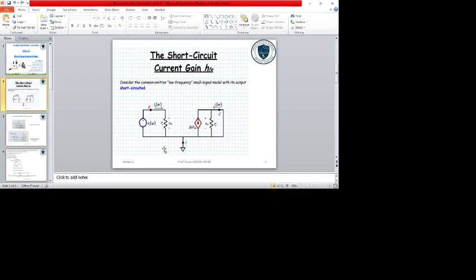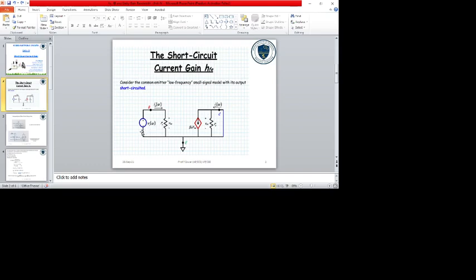So transistor can be replaced by its diffusion resistance r pi and its current component gm into VBE. Here VBE is the diffusion voltage, that is the voltage developed across this diffusion resistance r pi.